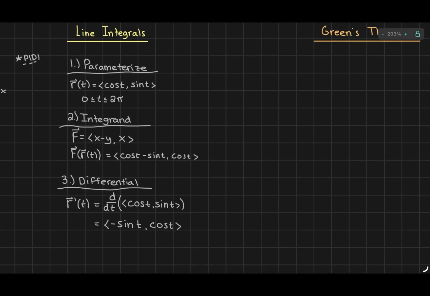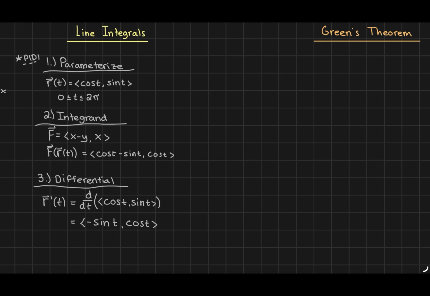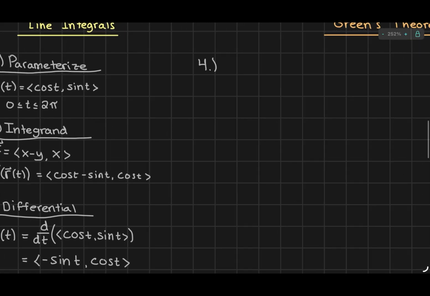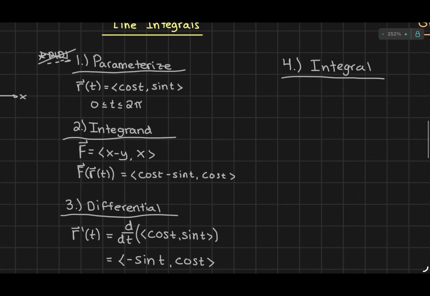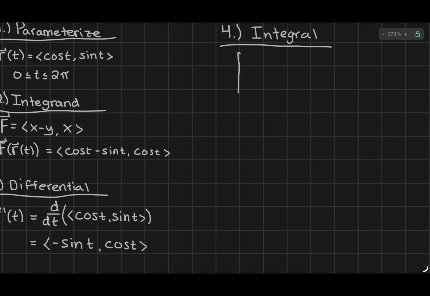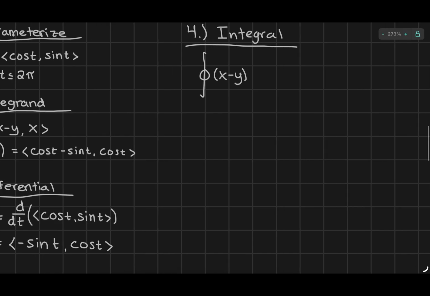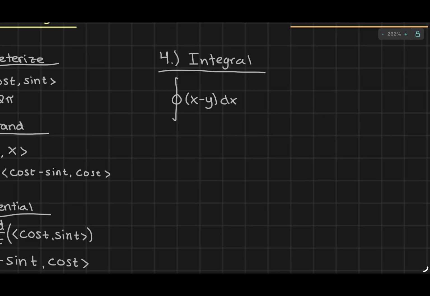So it looks like we can go ahead and set up our integral, and hopefully it'll be easy enough to evaluate. Hopefully I save myself enough room. Worst case, I'll move my Green's theorem integral. Last step of our PITTY, integral. Now we're all done with that. So setting up our integral now, let's reiterate that we have x minus y dx, and then plus x dy.